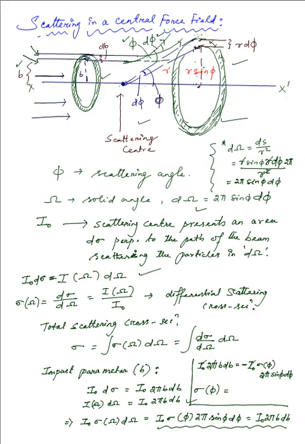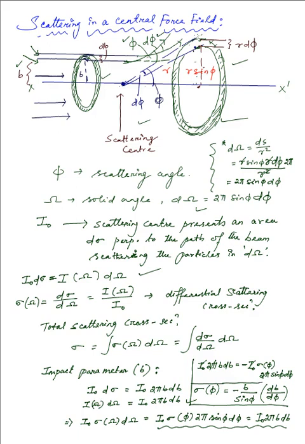So it is over phi in the range from phi to phi plus d phi now, and so this is the cross section, which is equal to the negative of b divided by sine phi, and in the bracket we have the differential of the impact parameter with respect to the scattering angle.